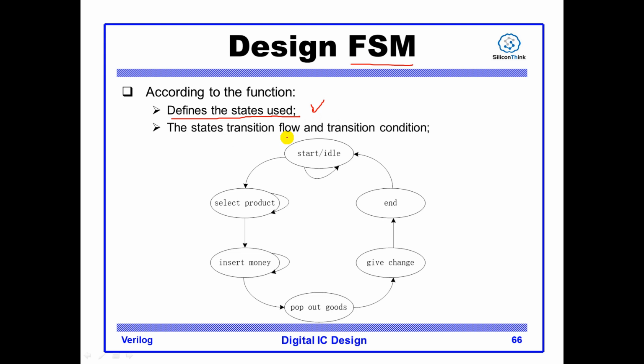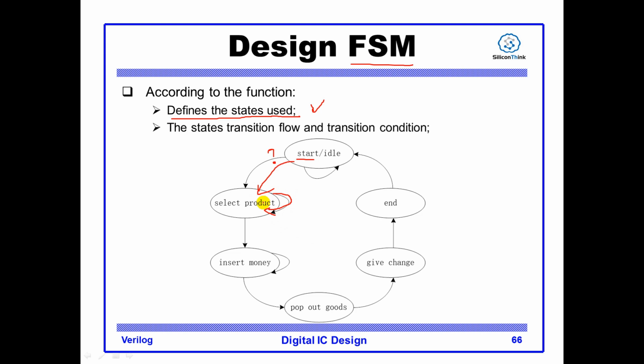The second key point for design is that you have to define the transition flow. This is the arrows. The transition flow of each state and the transition condition. That is, under what condition this state machine will transition from this state to that state. You have to think it out before coding. And what's the condition for a state to loop back to itself?